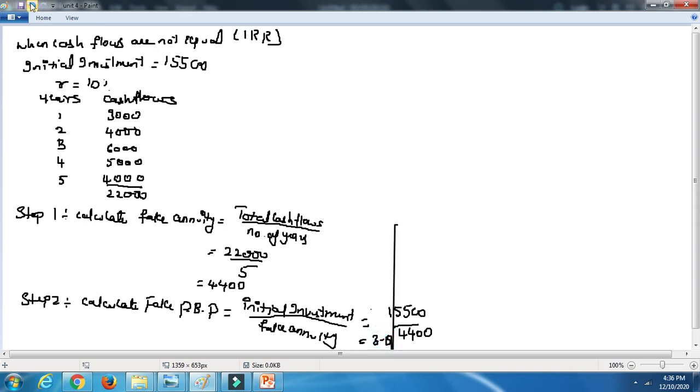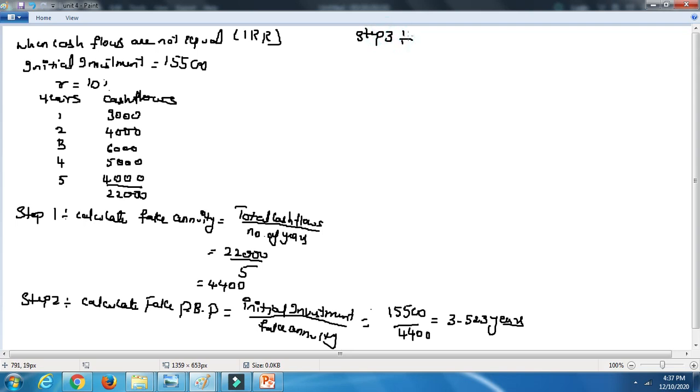What's this now? 3.5, that is, between 3 and 4 years. So what's the next step now?